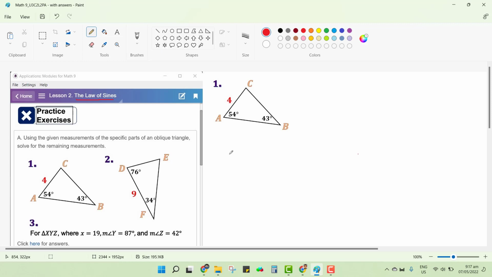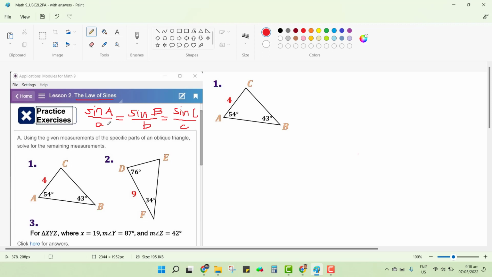The law of sines tells us that the ratio between the sine of an angle, let's say angle A, and its opposite side is equal to the ratio of the sine of another angle to its opposite side, which would also be written as another ratio, sine C over C. Take note that the capital letters here are used to denote the vertices of a given triangle, and hence they tell us the angle.